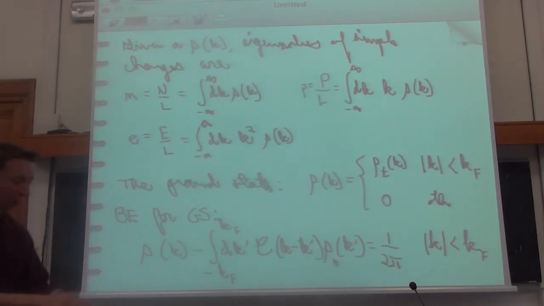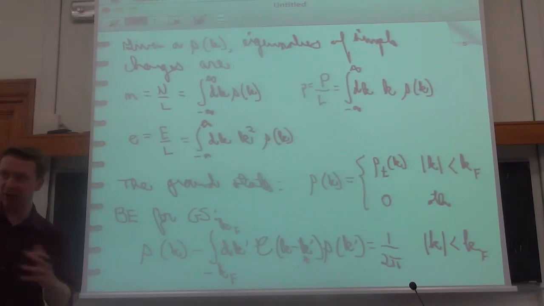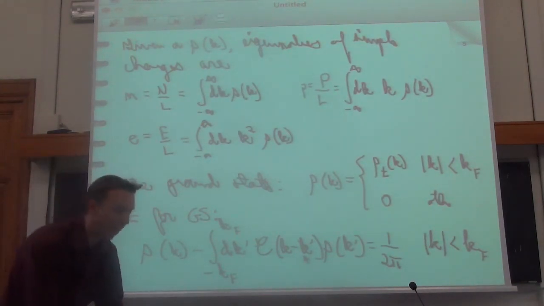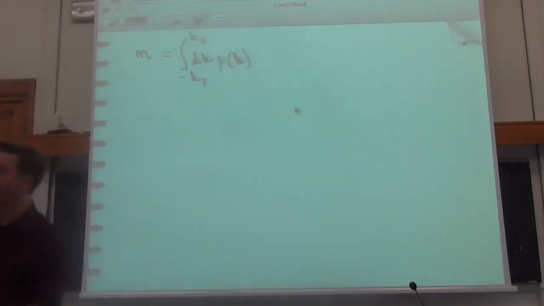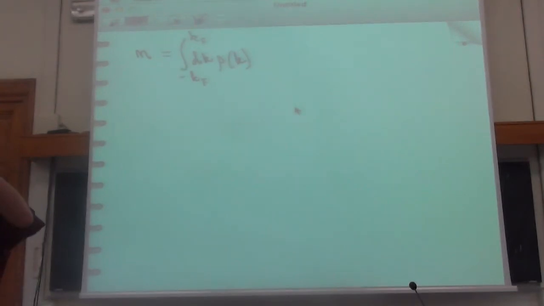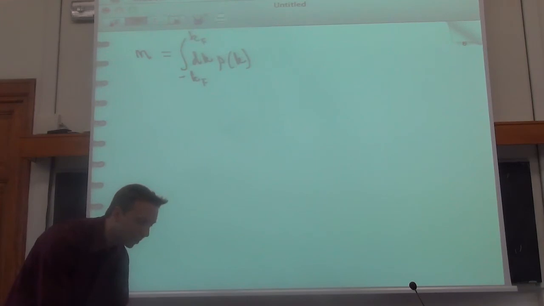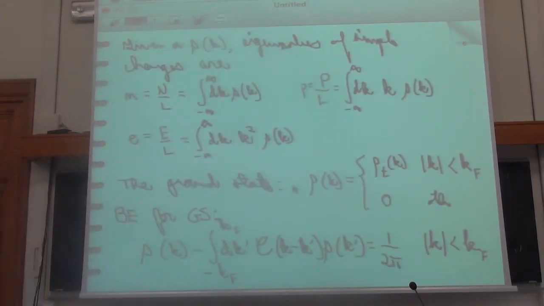So then I solve this equation starting from this initial guess. I find a solution, but then I go back to this equation and I notice that, you know, too many particles. Therefore, what I do is rescale the function a little bit, so that it's the right thing. I go back to this equation, and then I just iterate like this, and I will very quickly converge to a solution.